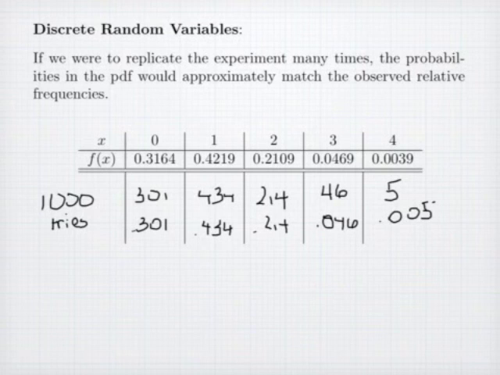Now, if I were to take my 1,000 tries and calculate my average, I would add all these up and divide by 1,000 to see what my average value was. So I have 0 301 times, put in parentheses.